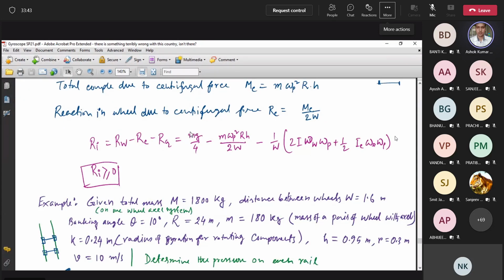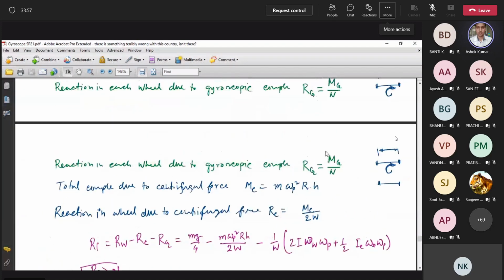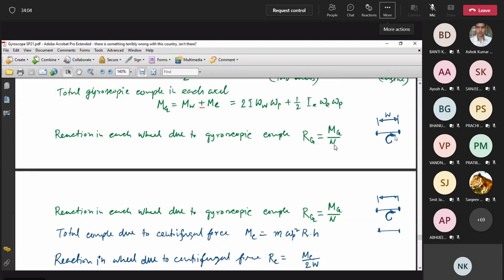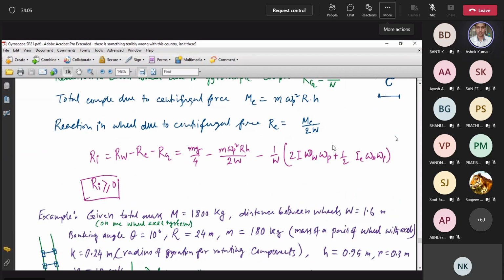That's the first expression we have obtained for Rw. Rc is Mc by 2W. And Rg we have already obtained; you can check it from here. This expression divided by W. So that's it. This is the total expression.